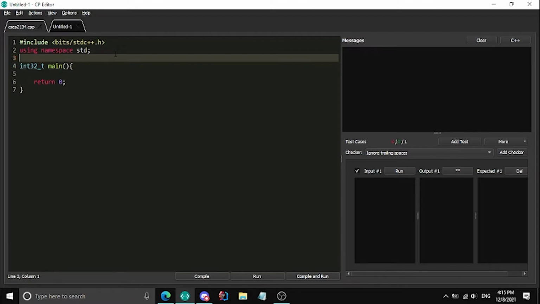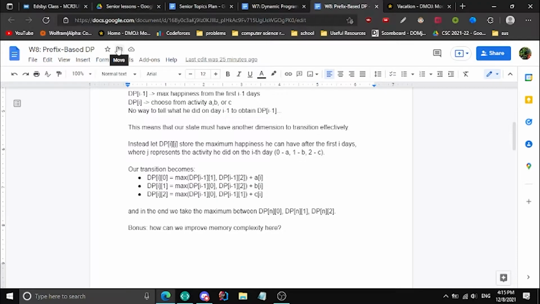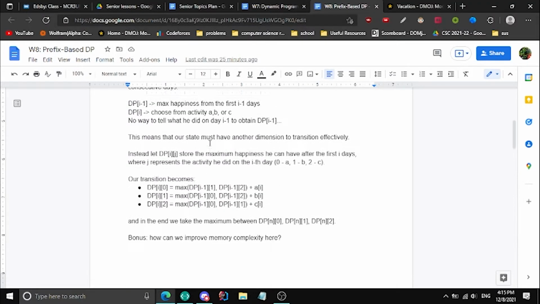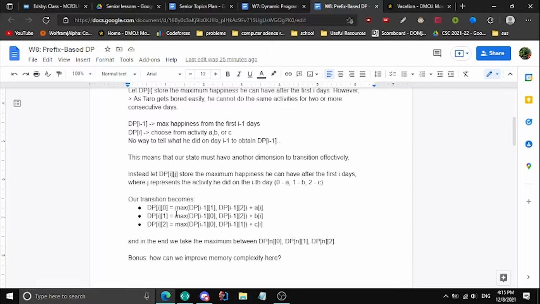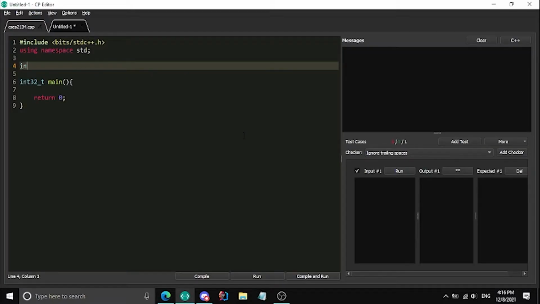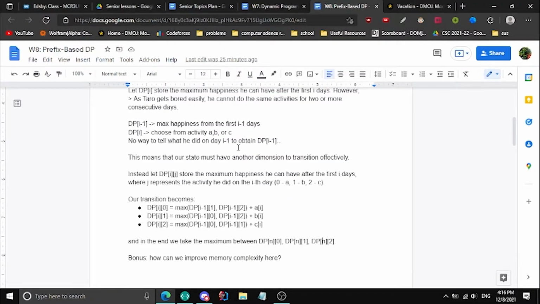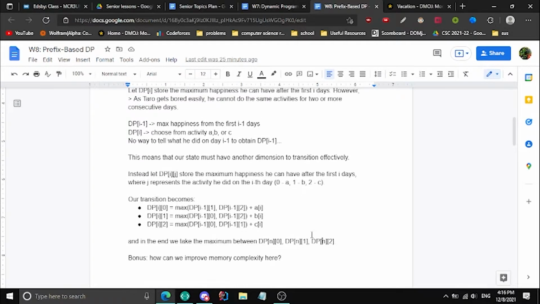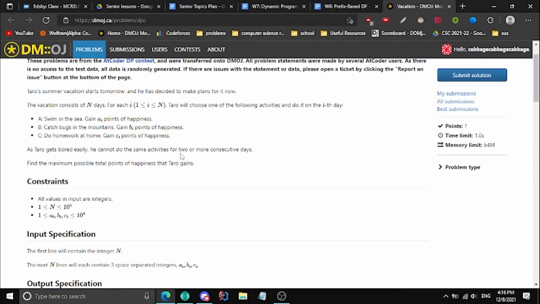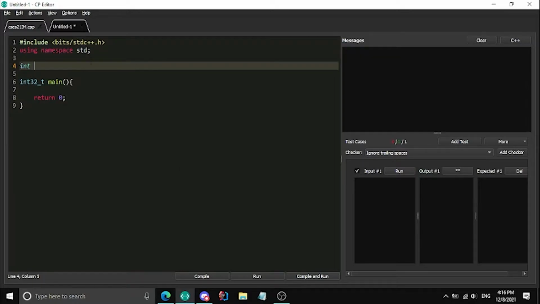So when you're doing a DP problem, first of all, you need an array to store all of your variables, but also you'll need a DP array with exactly how you defined it, right? So let's first declare the arrays A, B, and C, and we can see that n goes up to 10 to the 5.